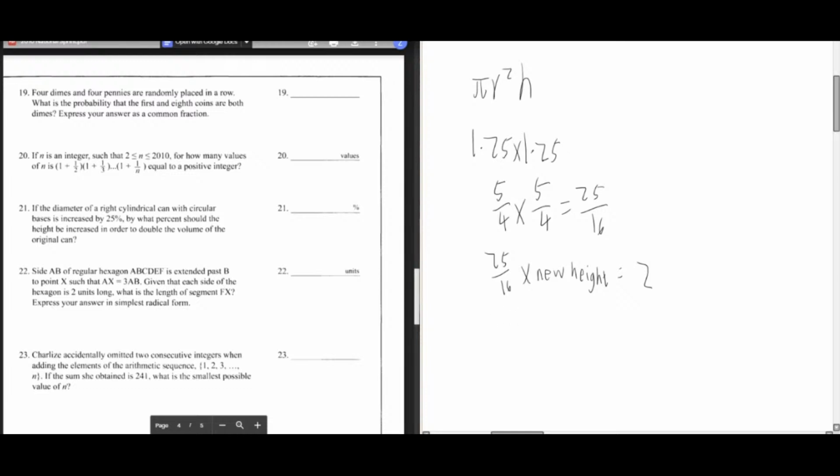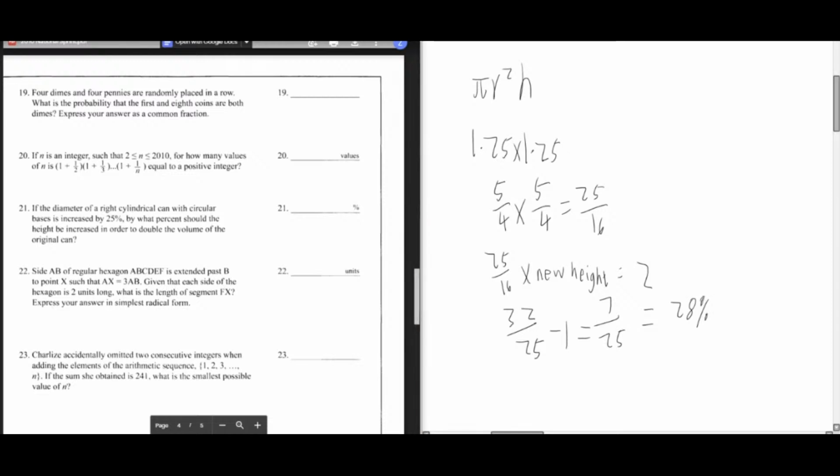So the new height should be 32/25. And we're looking for by what percentage the height should be increased, so how much this is over 1. So minus 1, that gives us 7/25, and this is equal to 28%.